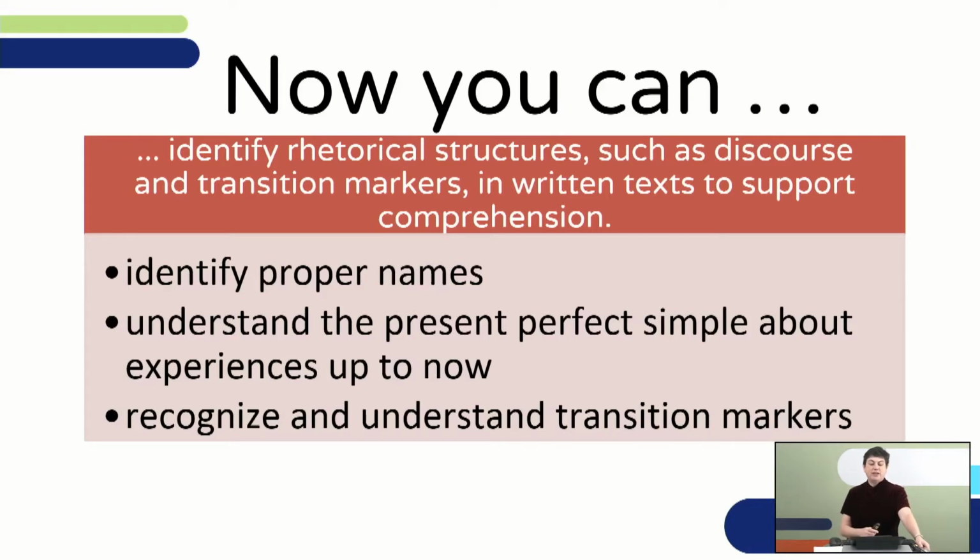Yes, I can understand the present perfect and how it's used to show experiences up to now. And I can understand and recognize transition markers, connectors, quotation marks, capital letters, grammar structures, which all help me to understand what's going on in the text.